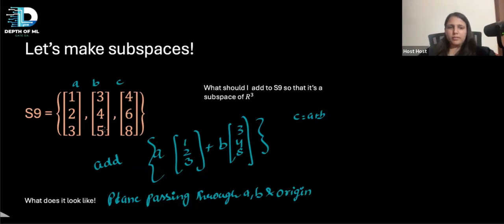Yeah, we can take the first and last one as well. That's not an issue. Actually, can I? 2, 3. Yeah, we can take. So there are multiple answers to this.